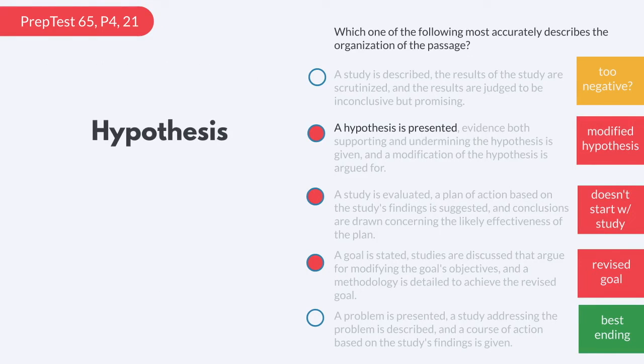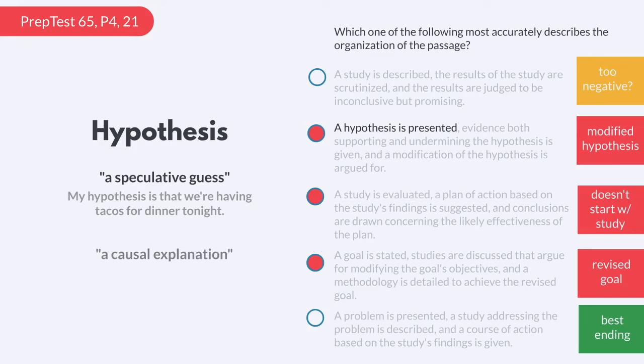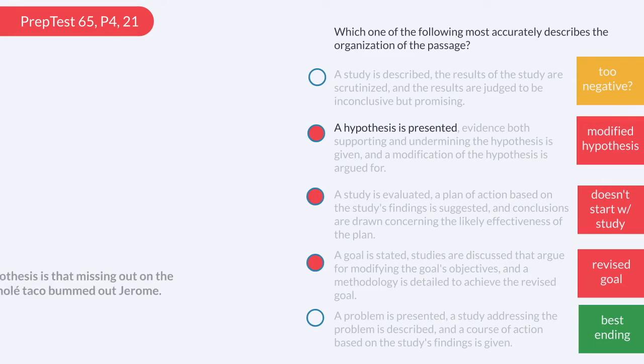No. A hypothesis is either a guess, like, what do you think we're having for dinner tonight? My hypothesis is tacos. That's very uncommon usage on LSAT. Normally, they would say, why is Jermaine crying? And the hypothesis would be the explanatory claim. My hypothesis is he's crying because no one saved him a mole taco. So there's no hypothesis, get out of here.